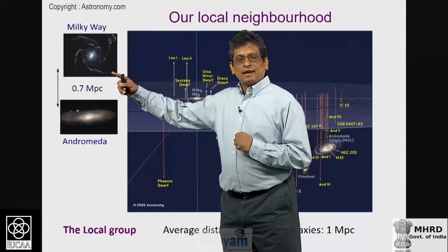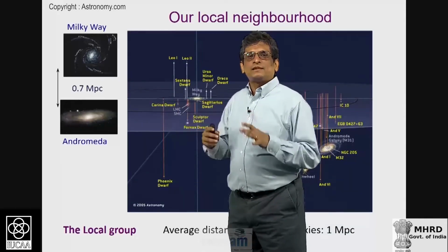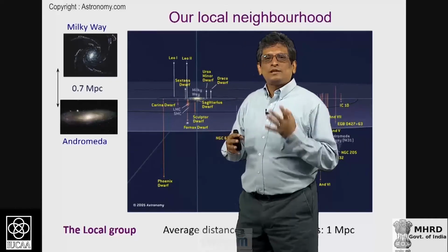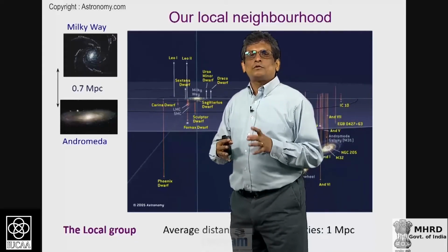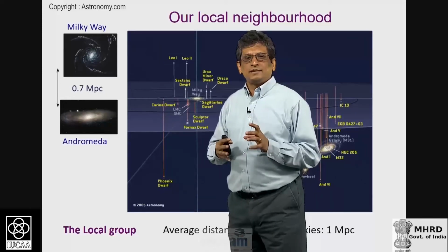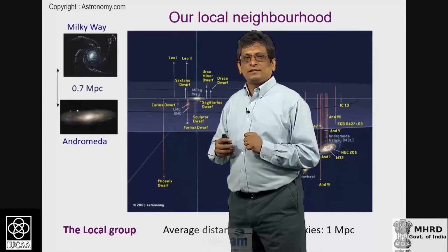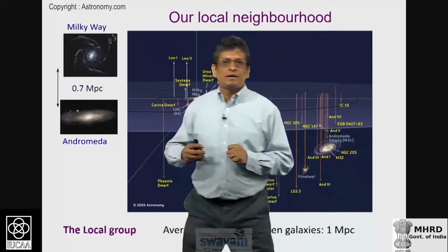Now, each of these galaxies has a bunch of satellites around them, and we're discovering these satellites all the time. Right now, we know of the order of about 40 satellite galaxies for each of these galaxies. And if you look at them, here they are.